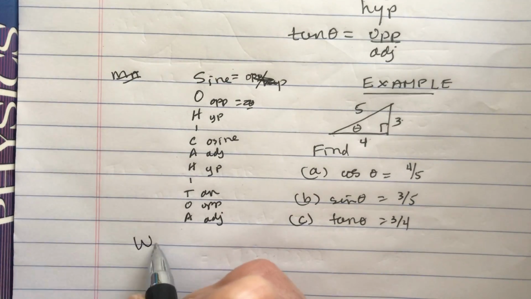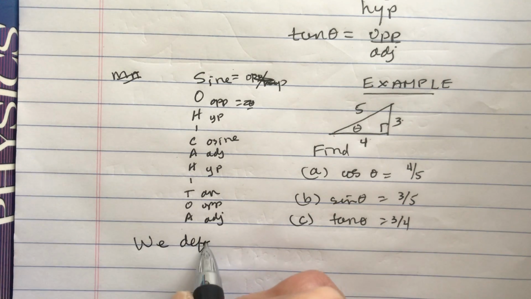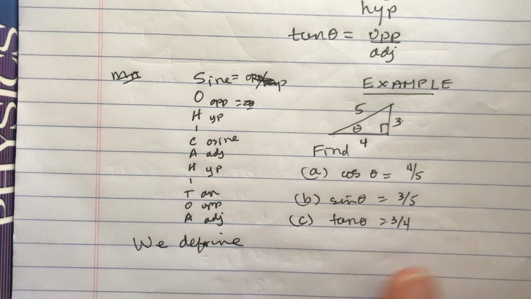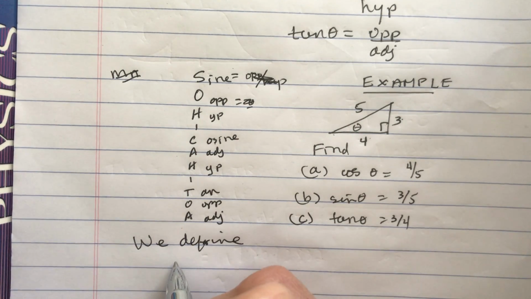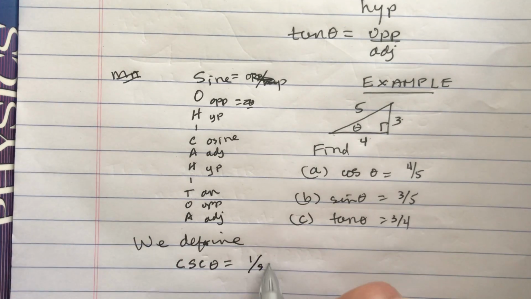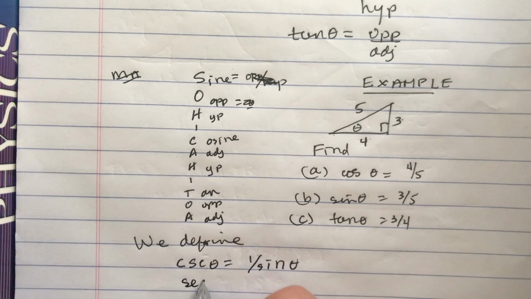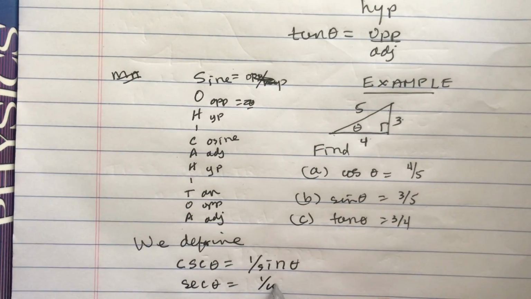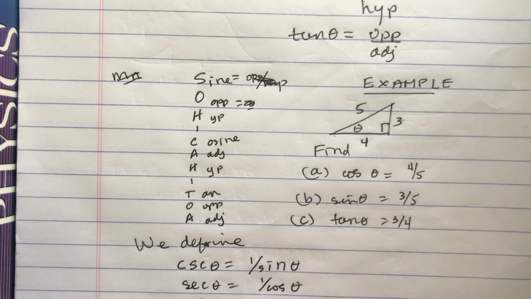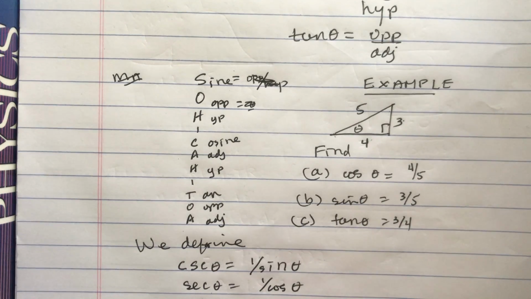Okay, and then we define, well, I'm just going to say it's a definition. It could be an identity, but anyway, I'm going to say that cosecant theta is 1 over sine theta. Secant theta is 1 over cosine theta, and cotangent theta is equal to 1 over tan theta.